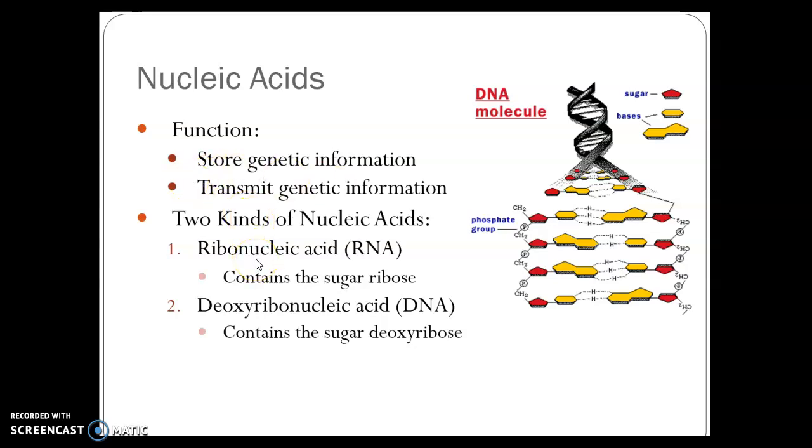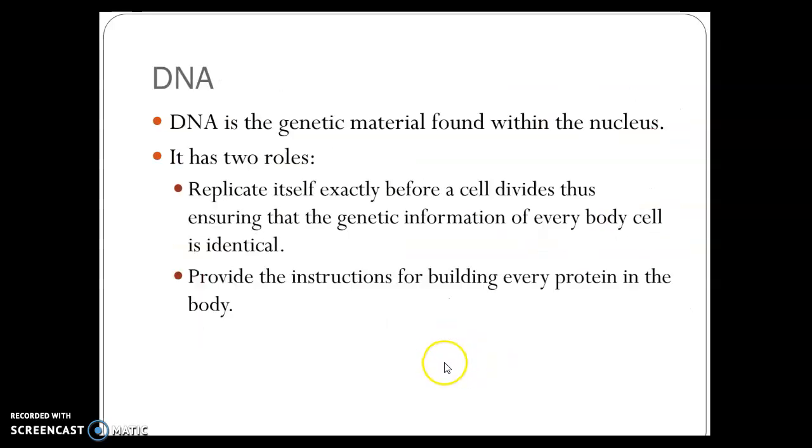They also transmit genetic information, and we use RNA and DNA to make that happen. RNA has the sugar ribose, and DNA has the sugar deoxyribose, and that's where they get their names from. So ribonucleic acid is because of the ribose sugar, and deoxyribonucleic acid is because of the deoxyribose sugar. And that's that 5-carbon sugar that I was talking about in the structure earlier.